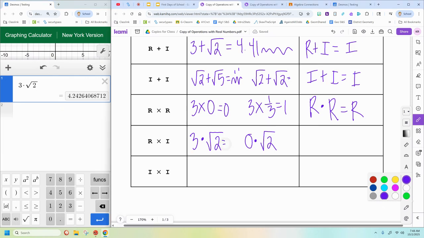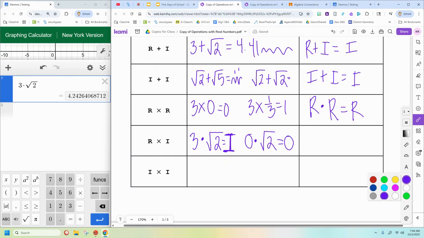So this first one turns out to be irrational. I'm just going to put the I in here just to make it a little bit easier. But 0 times radical 2 is going to have to be 0. So this is where the rule falls apart.